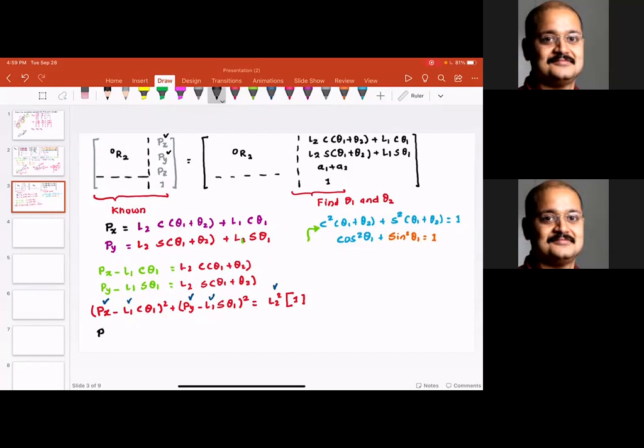So this becomes Px Py minus Px L1, oh, I made a mistake. So let me expand this.